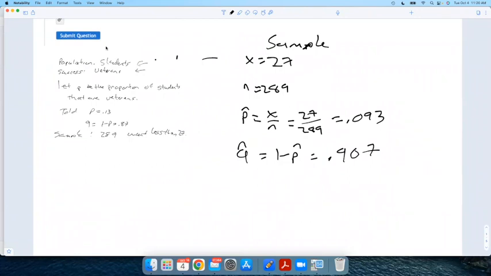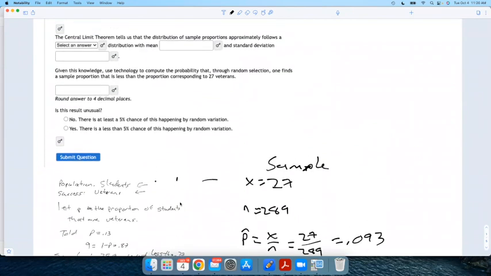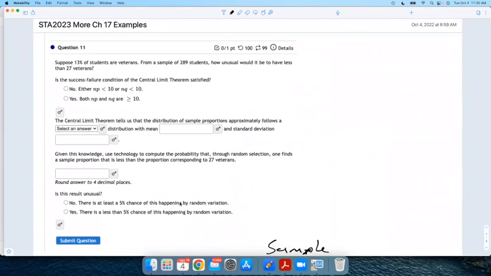But in the real world, we've got to check the conditions. We're supposed to check, is this a good sample? If you go to an area that has a lot of veterans and collect your sample, you're taking a bad sample.